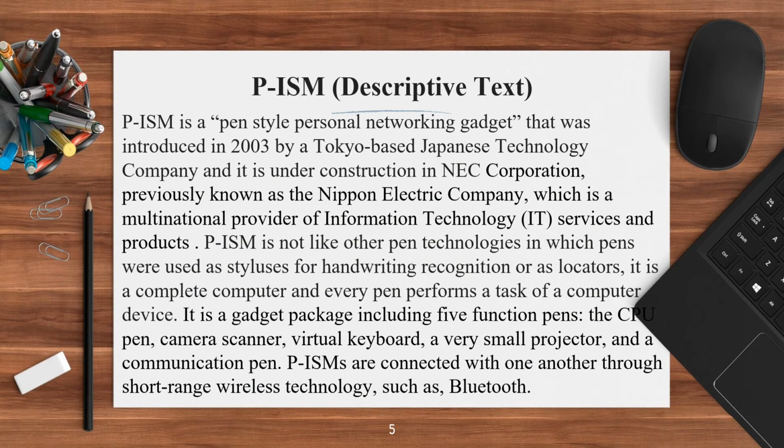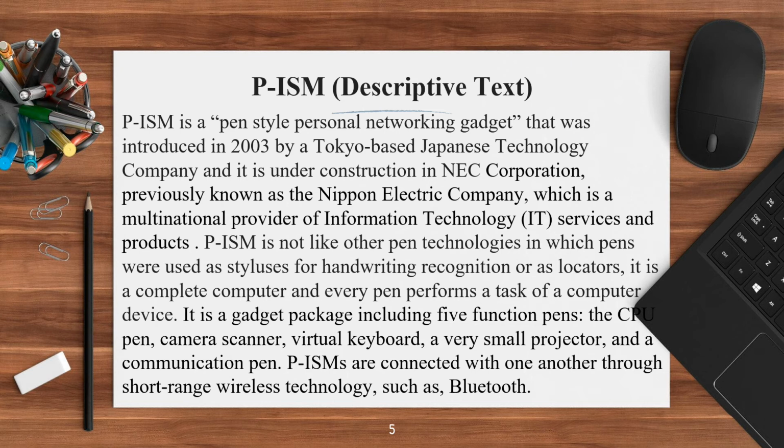This is an example of an expository text, and this particular example is descriptive. P-ism is a pen-style personal networking gadget that was introduced in 2003 by a Tokyo-based Japanese technology company, and it is under construction in NEC Corporation, previously known as the Nippon Electric Company, which is a multinational provider of information technology services and products.